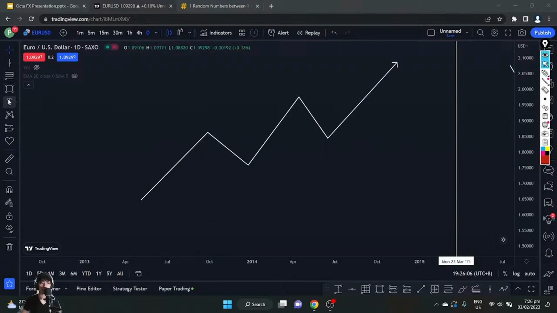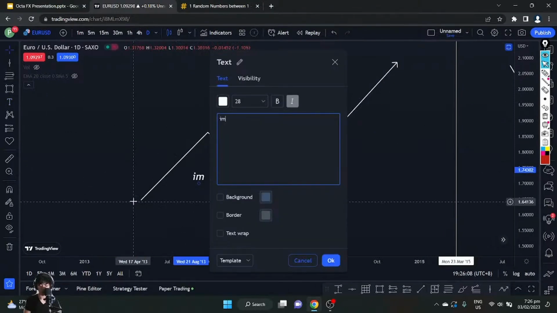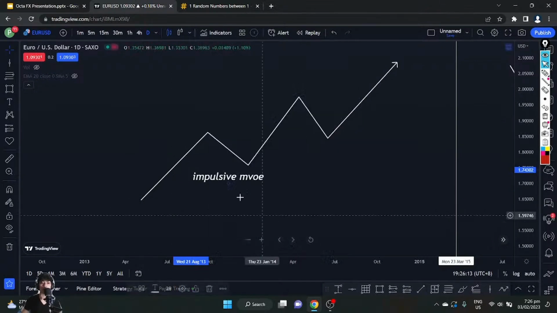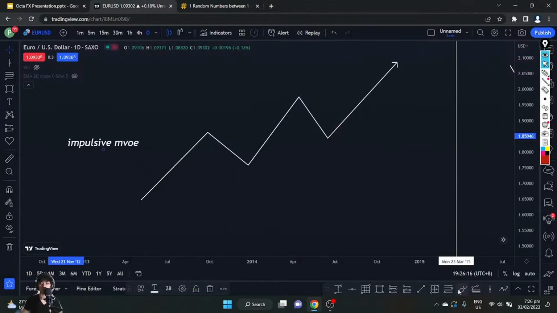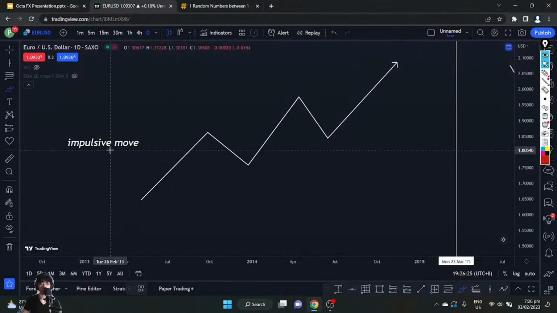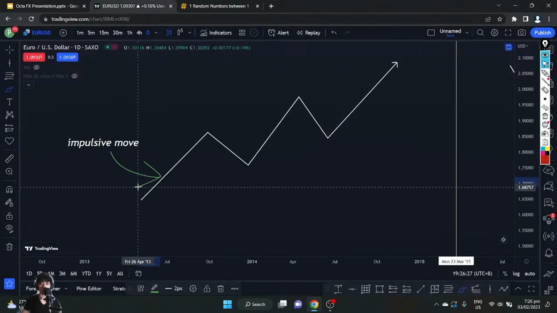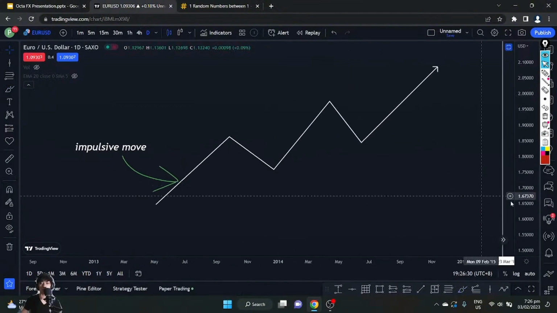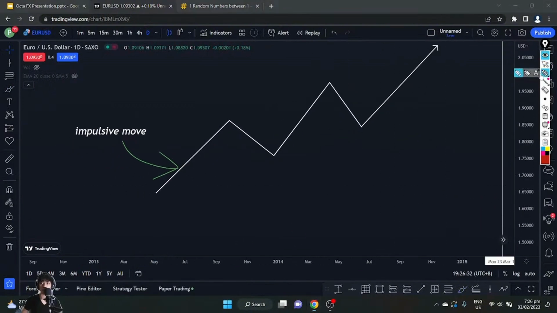This first leg is what we call an impulsive leg or an impulsive move. So this is our first impulsive move. Once the price started to go down right here, this is what we call a pullback or a correction.